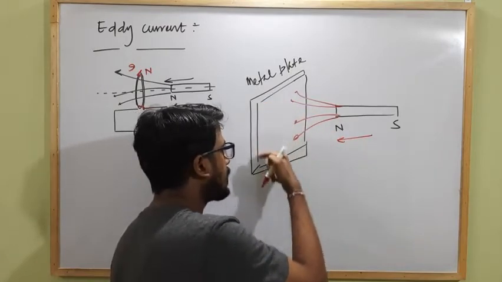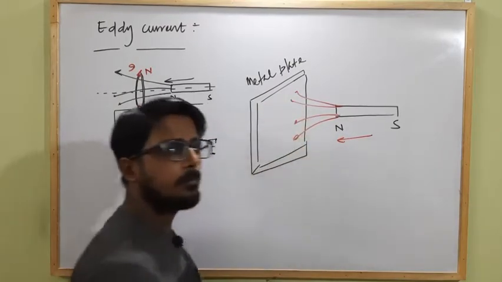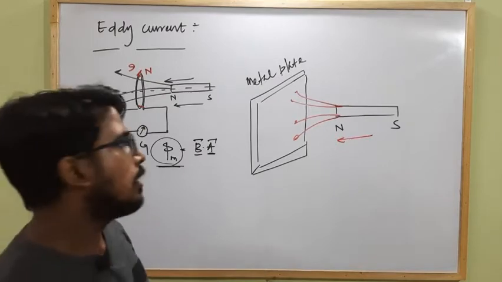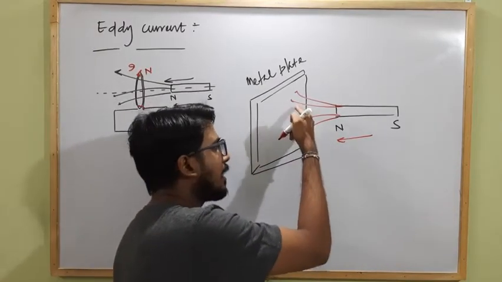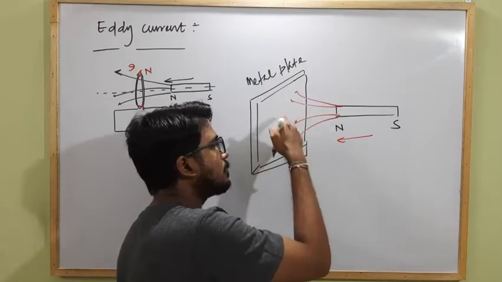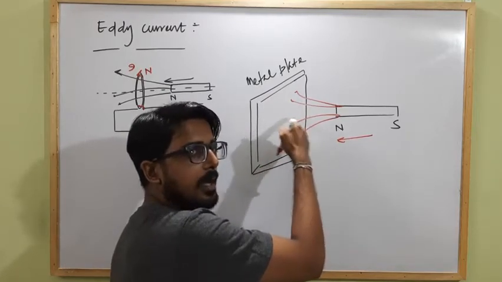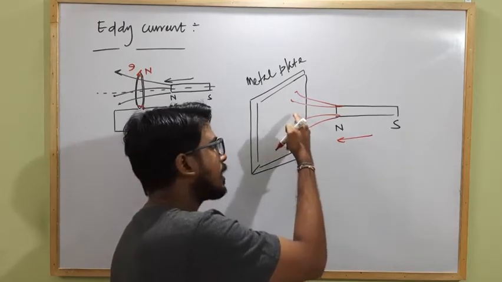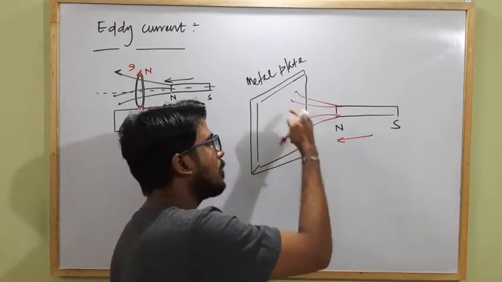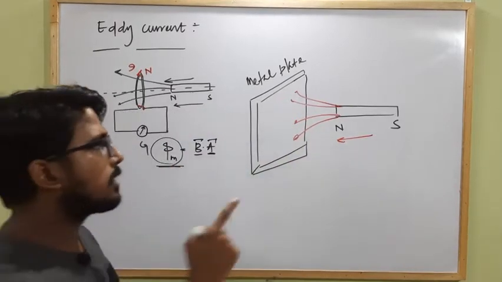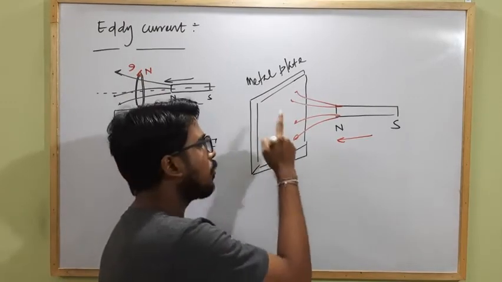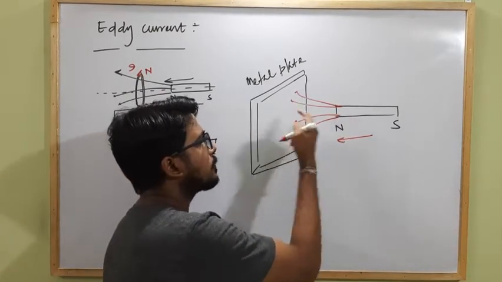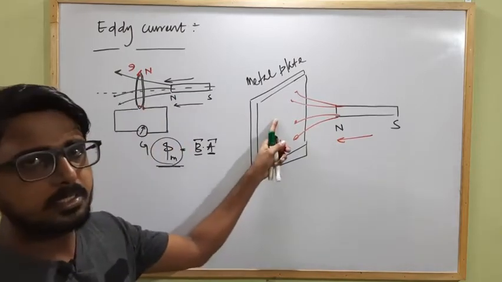Due to the change in magnetic flux, as this is a metal surface, it also has some free electrons within it. It is the tendency of this metal to arrange its free electrons in such a way that they produce a current which will oppose the cause of the change in flux linked with it.